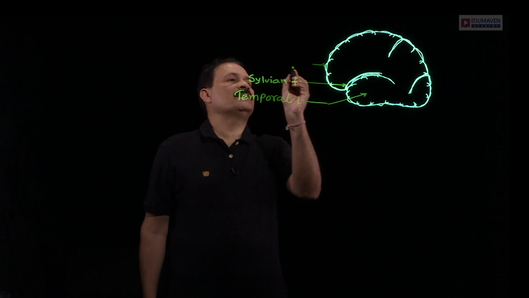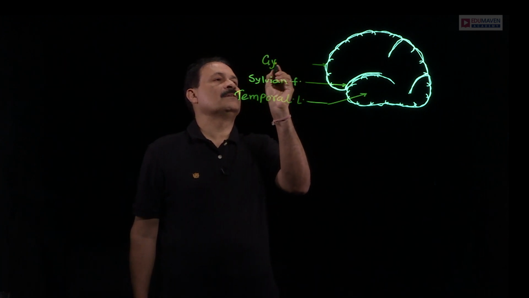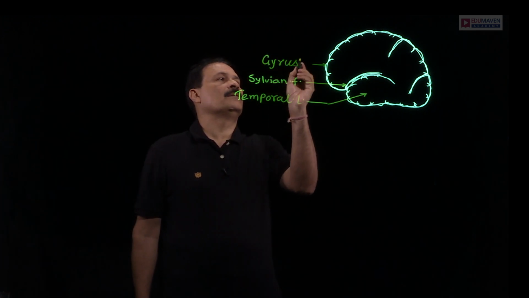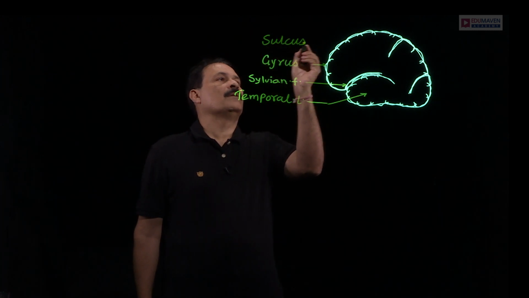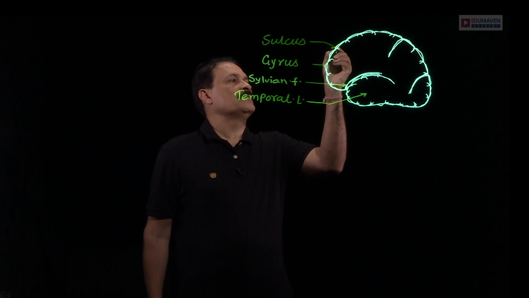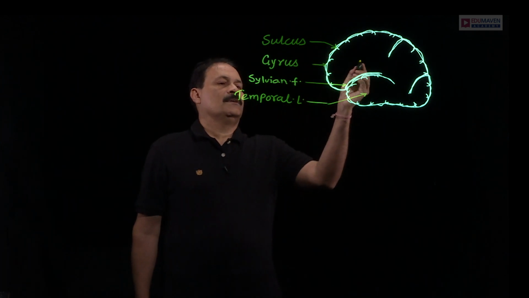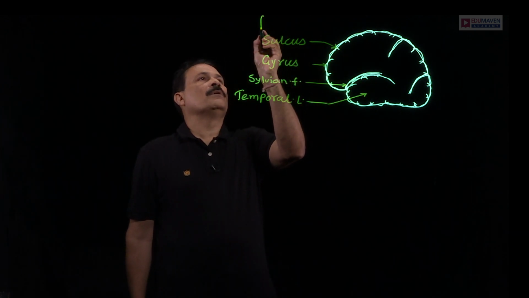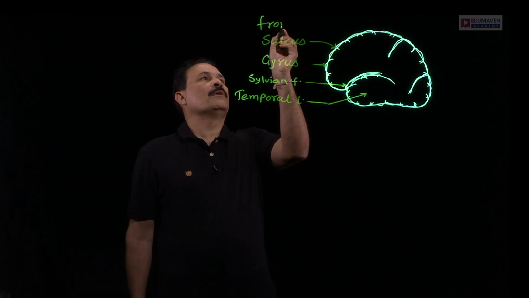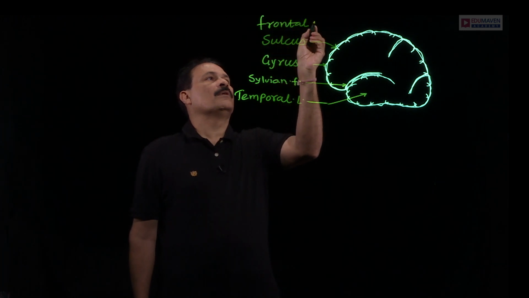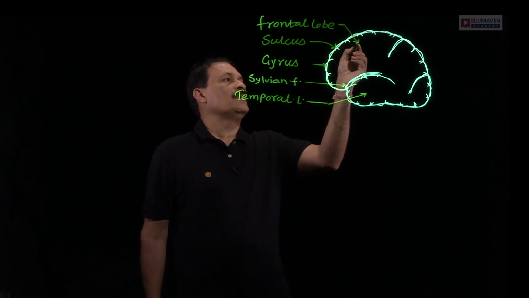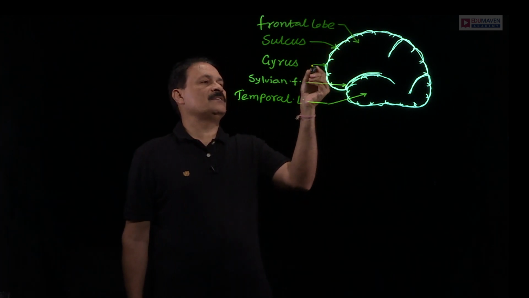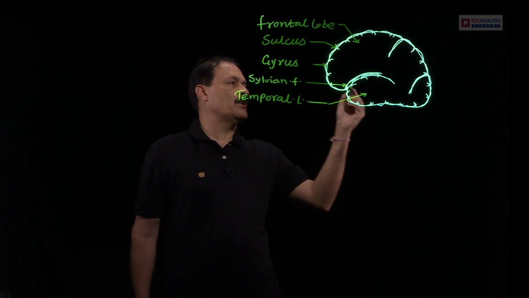You can label it as gyrus. And this one as sulcus. This is the frontal lobe. This is the frontal lobe, this is sulcus, this is gyrus, this is the Sylvian fissure, this is the temporal lobe.